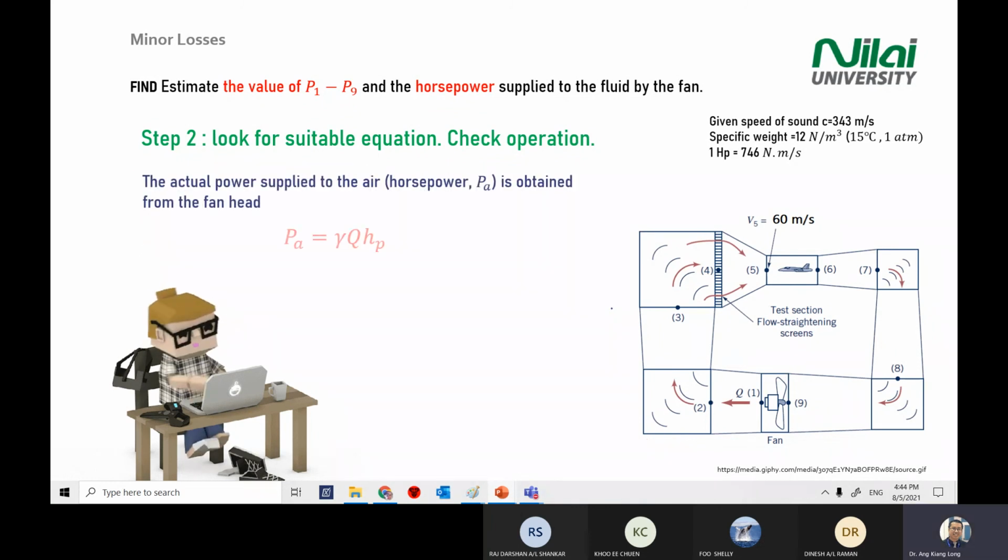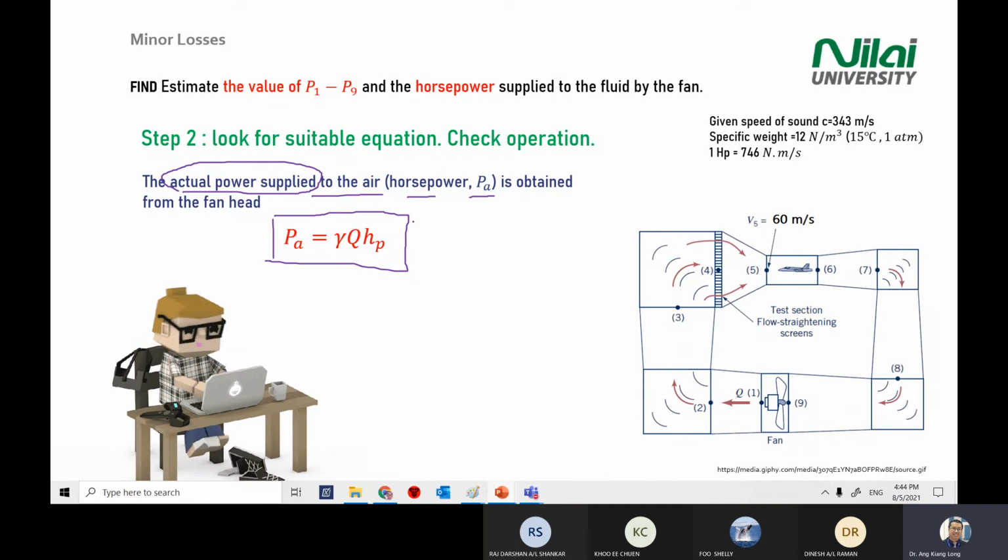Next, we look at the actual power supplied to the air. We call it horsepower, and we label it as PA. We use this formula. This is another important formula to calculate the actual power supply, in the unit of watt.